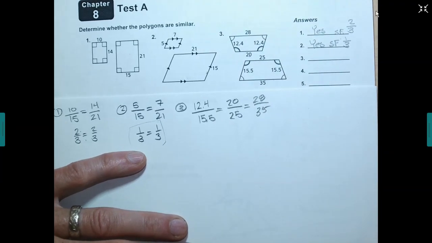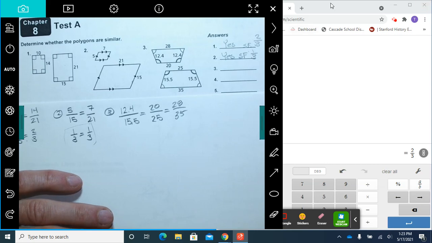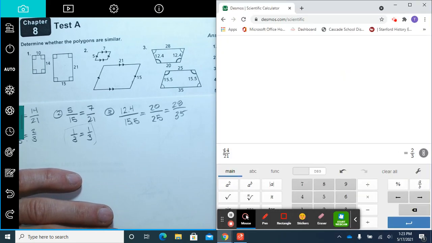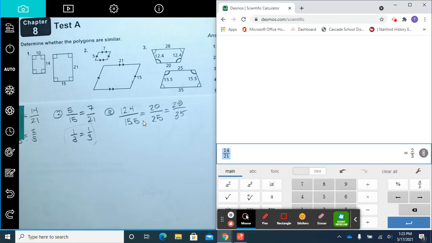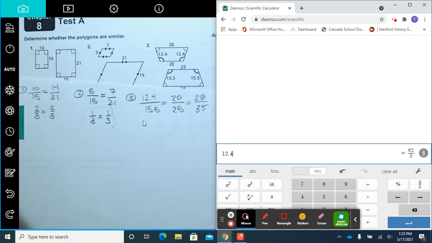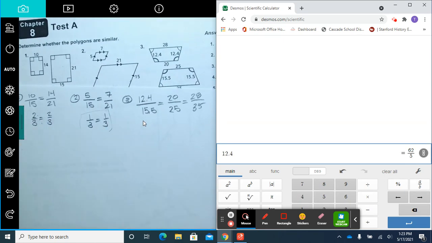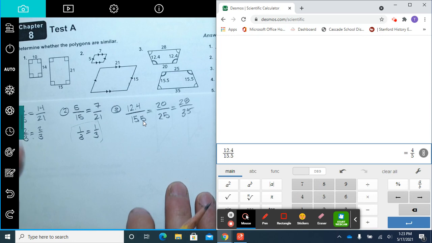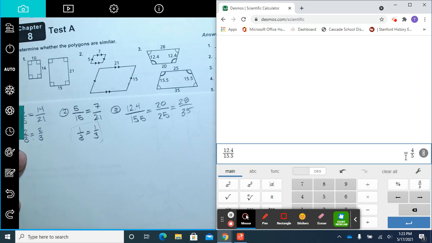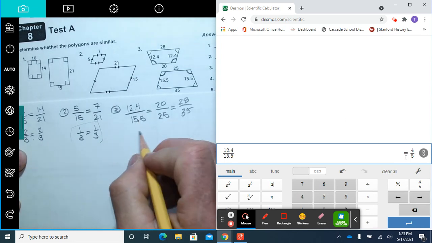And this one I found actually quite helpful to go over to the scientific calculator with these numbers. First number is 12.4 divided by 15.5, and it's showing me my fraction, which is 4/5.